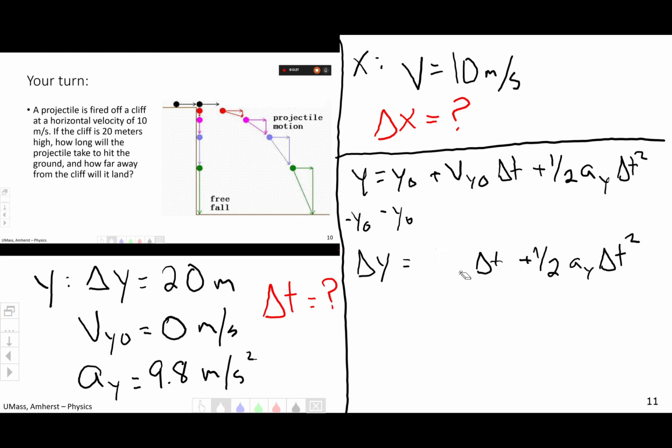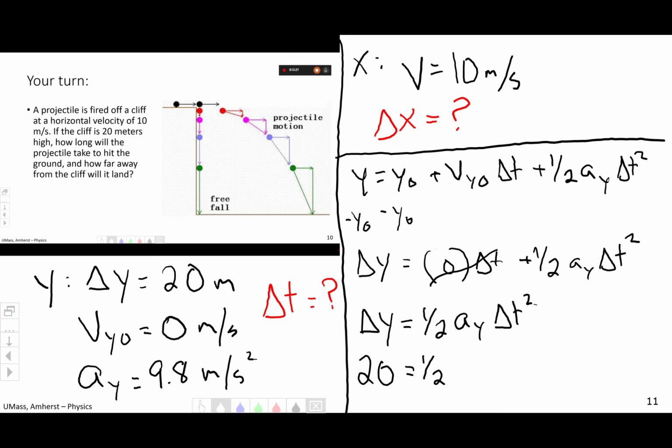And vy0 is 0, so this term goes away. We get delta y equals 1/2 ay delta t squared. Now we can throw some numbers in here. Our delta y is 20, equaling 1/2 ay, 9.8, delta t squared.